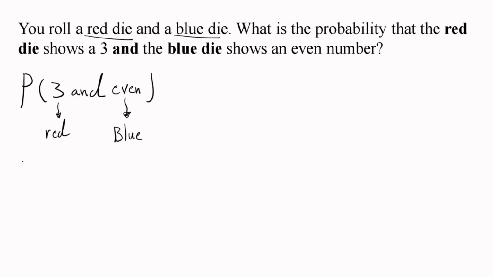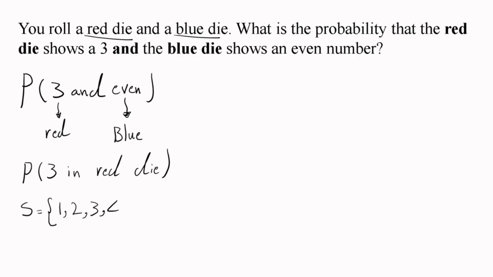So the first probability that I'm gonna find is probability of getting 3 in red die. Let's write the sample space for the red die. S is gonna be 1, 2, 3, 4, 5, 6.